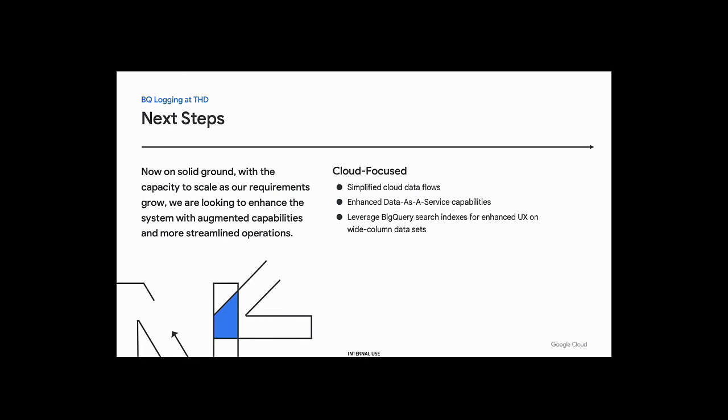In addition, we hope to leverage the emerging BigQuery search index capability for enhanced user experience on our wide column data sets, which should eliminate some of the need for the more granular custom processing that we are doing today.